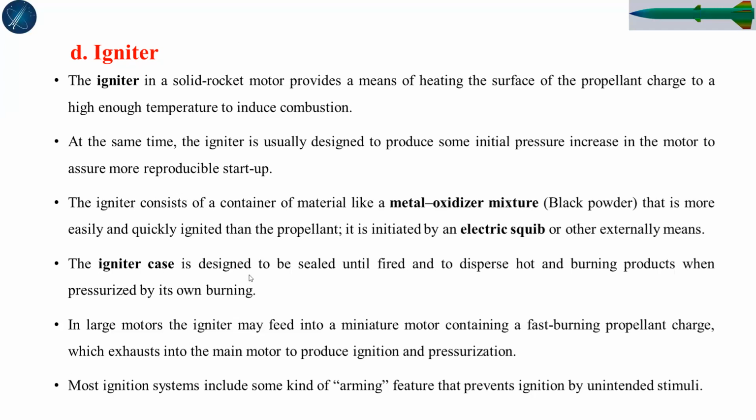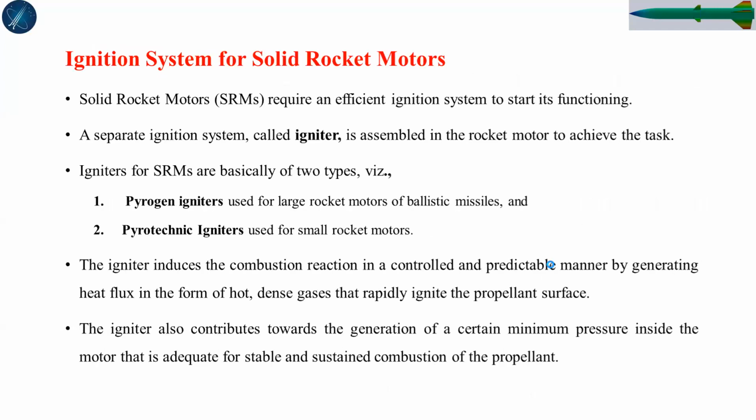Igniter casing is required. So we have various types of igniters. It will be very clear for you once you see them. The igniter case is designed to shield until fired, and it disperses hot and burning products when pressurized by its own burning. So let's see various types of igniters.